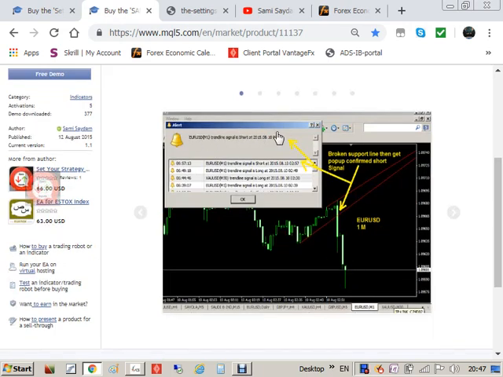This is showing how it will pop up in your MetaTrader, the signals to buy or to sell, and when to buy, when to sell. So this is the indicator here.